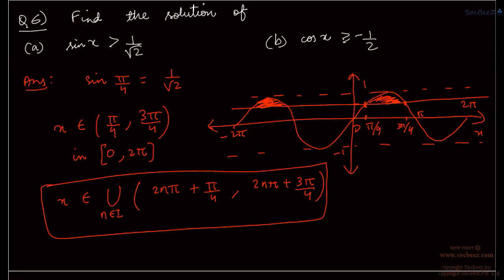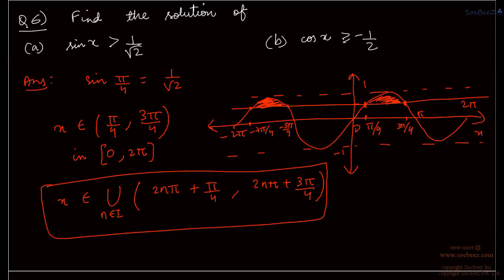Right? So let's take a moment to understand what was written here and how it was written. Right. So first of all, we find out the domain of x. So we see that x can lie only in, say, 0 to 2 pi, it can lie only in pi by 4 to 3 pi by 4. In minus 2 pi to 0, it can lie only in, so this will be minus 7 pi by 4.